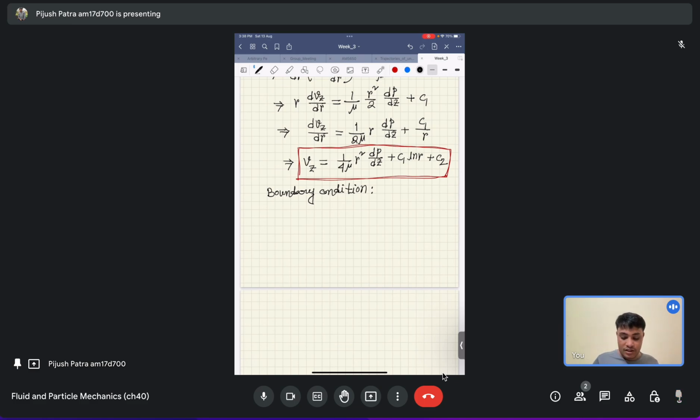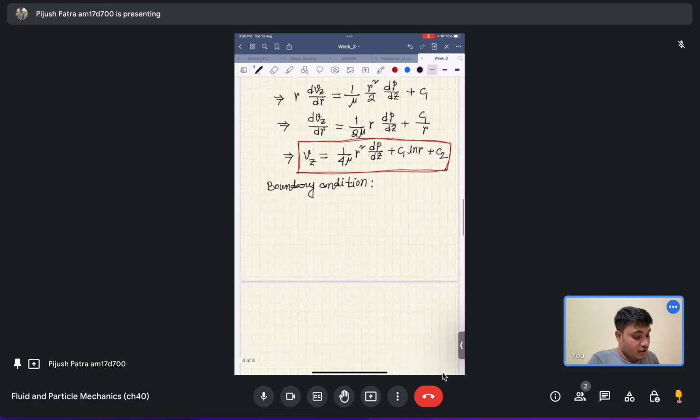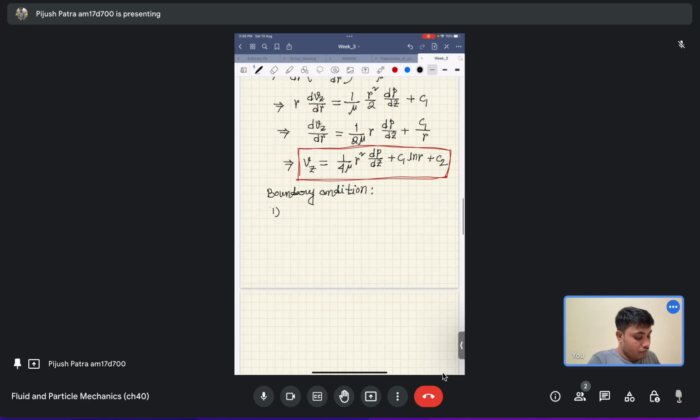So at the central line the velocity is maximum. So the first boundary condition is that at r equal to 0, dVz/dr is equal to 0.